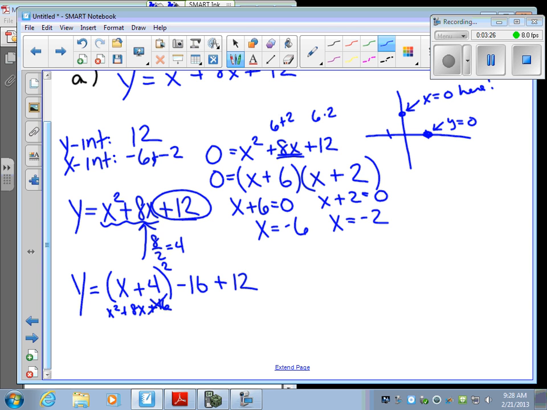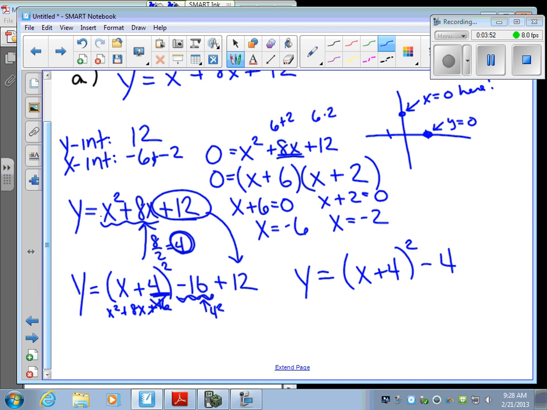So what I do is I divide that middle number by 2, and I stick that here. I subtract off whatever that number is squared, and then I remember to finish that off, the whole equation. And now I'm just going to simplify that, so y equals x plus 4 squared minus 4.